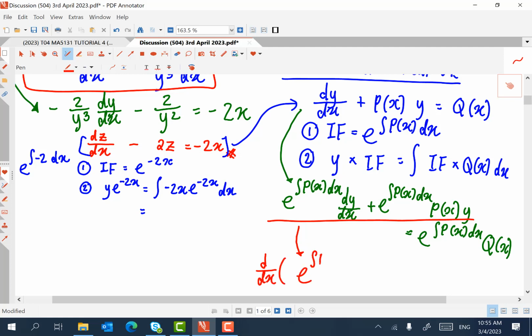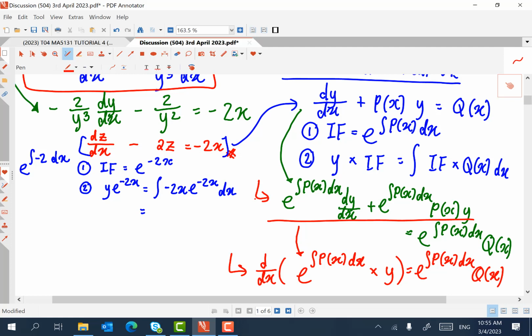You now want to try to believe in your mind that the left hand side is indeed just like that. You want to convince yourself that if you were to differentiate what I just showed to you, you get exactly this side.